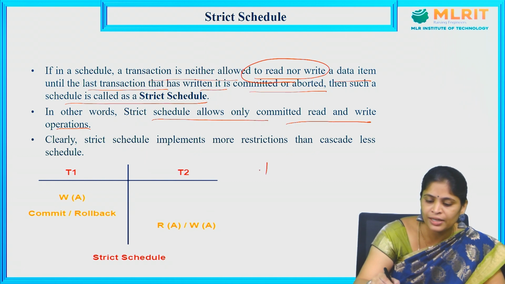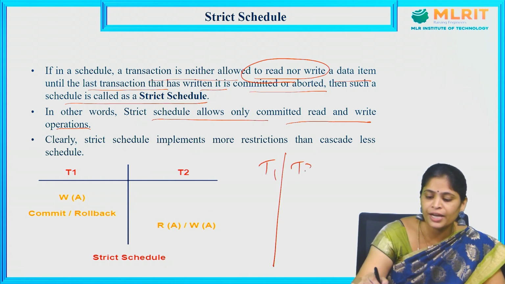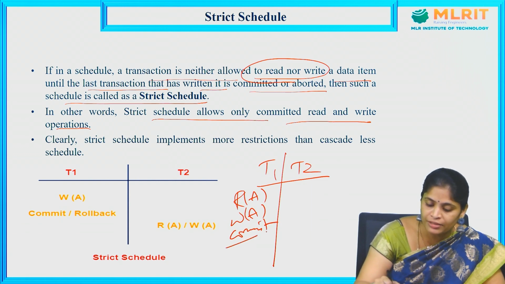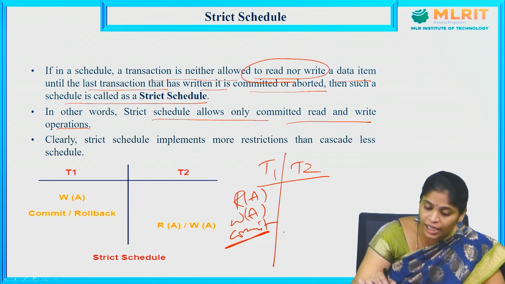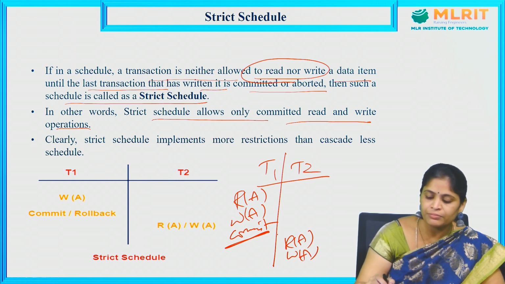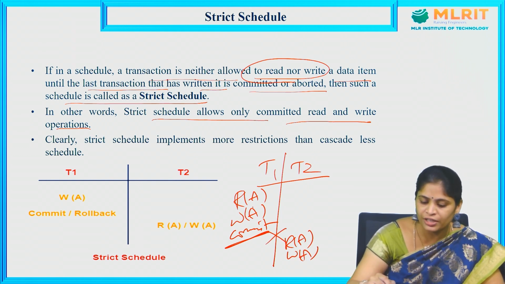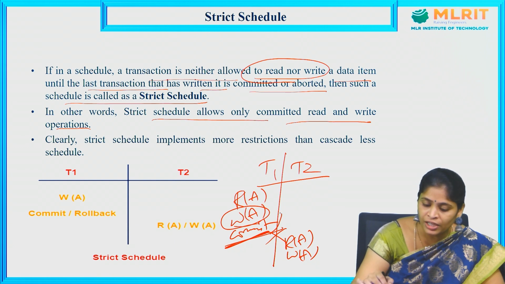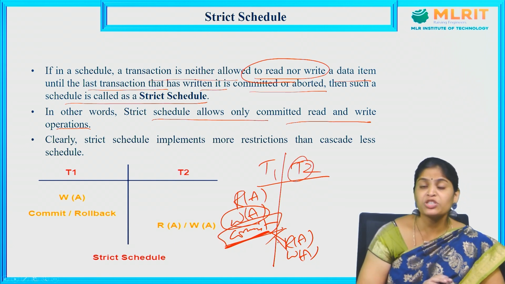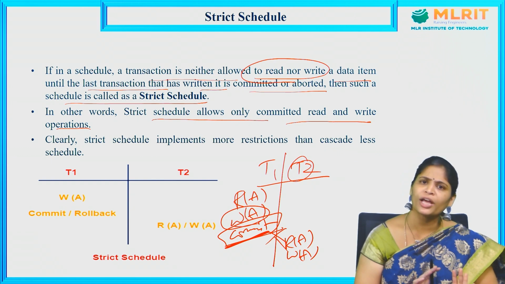That means here, let us consider two transactions T1 and T2. After reading, after writing and after committing, only then will it allow the second transaction to read that particular data item. Otherwise, it will not allow. Strictly, it will not allow writing also.